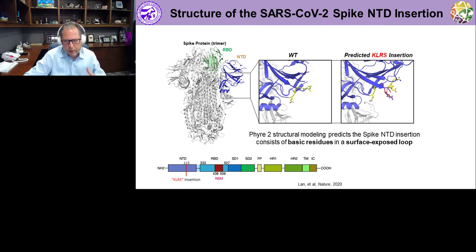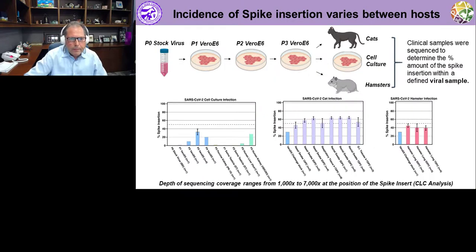So structural modeling predicts that this leads to a surface exposed loop within the N-terminal domain of the spike protein. We then wanted to determine how the percentage of the mutant virus changes within a defined sample.